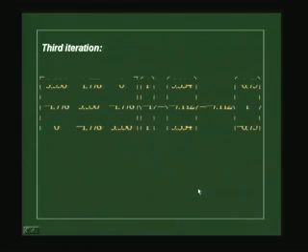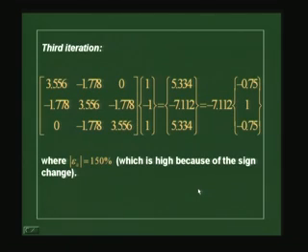That turns out to be pretty high in the third iteration. In the second iteration it was only 50%, here it is 150% because we have a change of sign. As long as this is large, we have not obtained our goal, but this need not decrease monotonically, that is what we just saw.